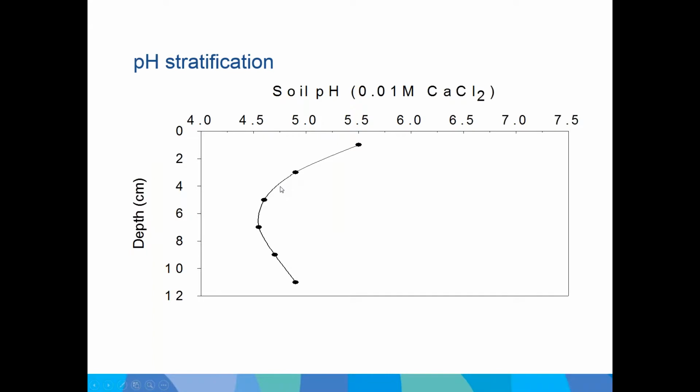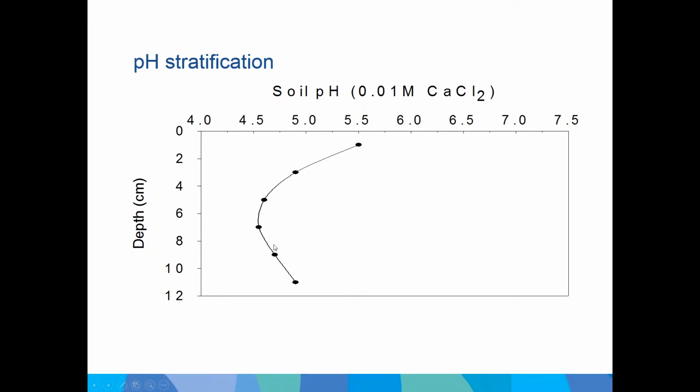If you're in WA, this would stretch down a little bit further, but the shape is there. It's the same shape. So this is what we call pH stratification. The pH in the 0 to 10 is not a straight line, it's actually a curve, and we know the reasons why it does that. We understand that, but that's the reality. This is what you get.